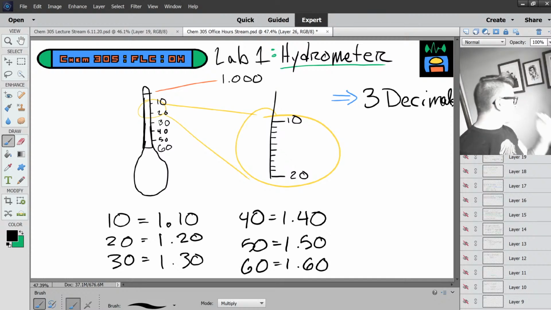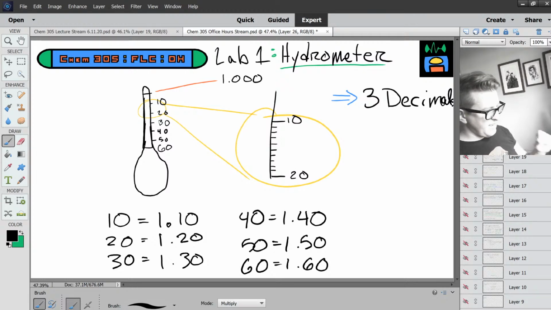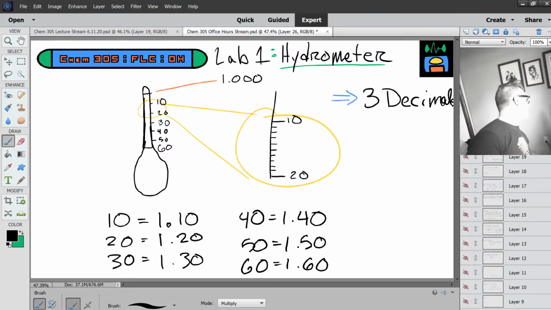And I realize that it's hard to see with the meniscus. That meniscus is like kind of big and fat, and it looks like it's somewhere between the 40 and the 50.